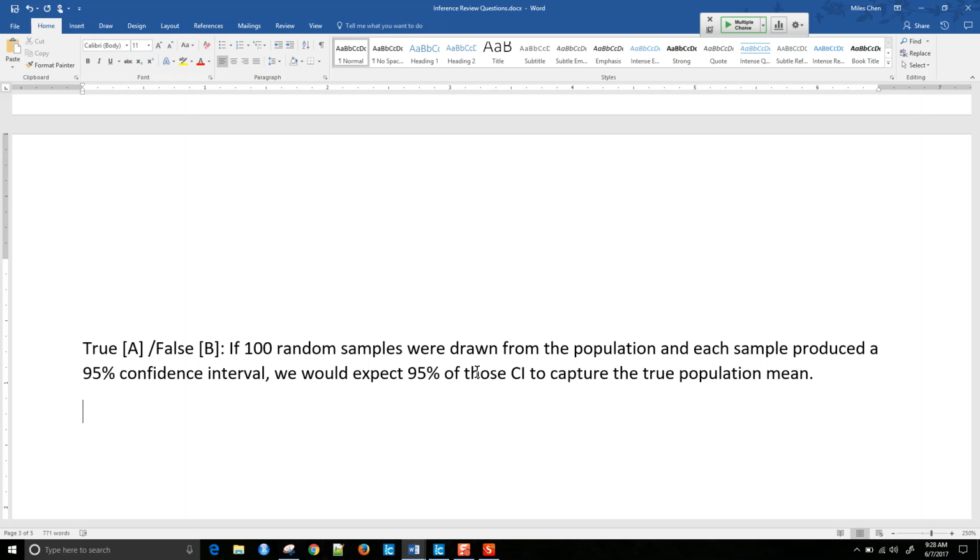Of course, when you make your one confidence interval, you don't know if it's part of the 5% or part of the 95%. You're banking on the fact that 95% of the time it's in the 95%. You don't know, but that's why we say, I'm 95% confident about my result. So the answer here is true.